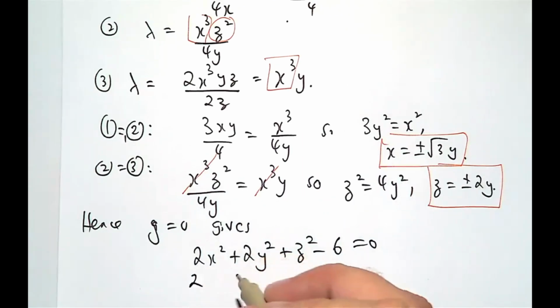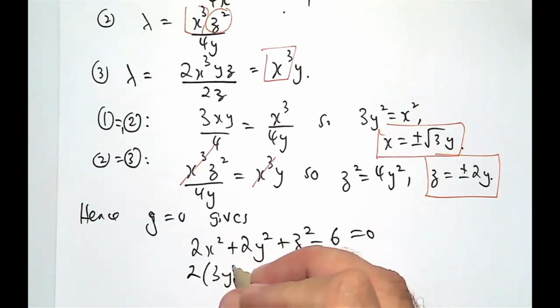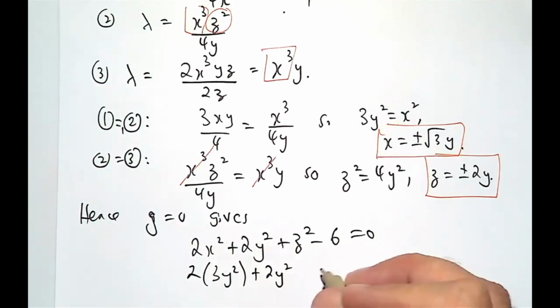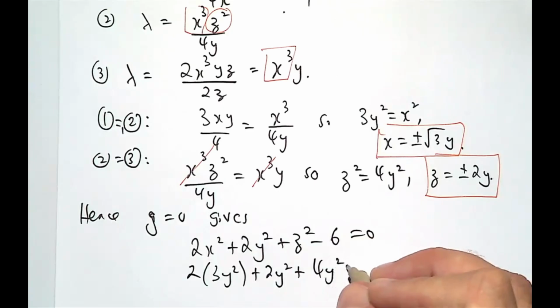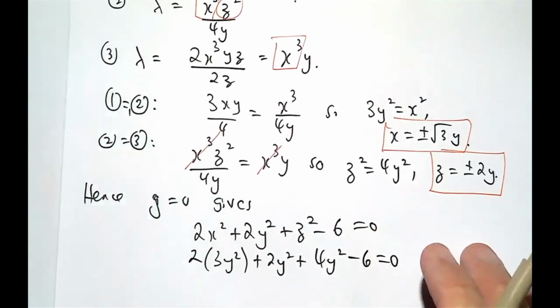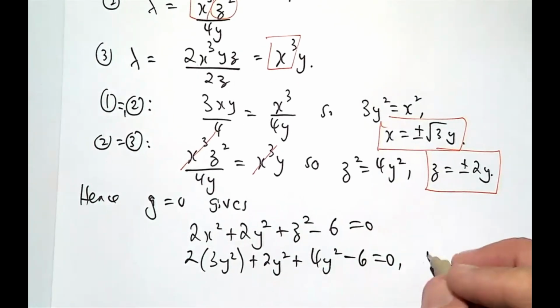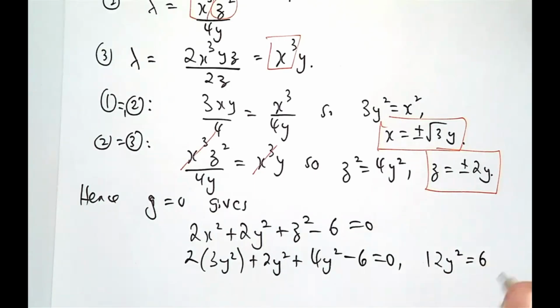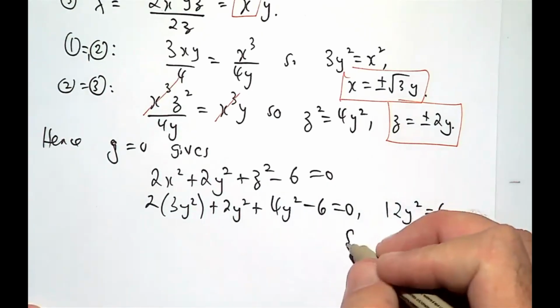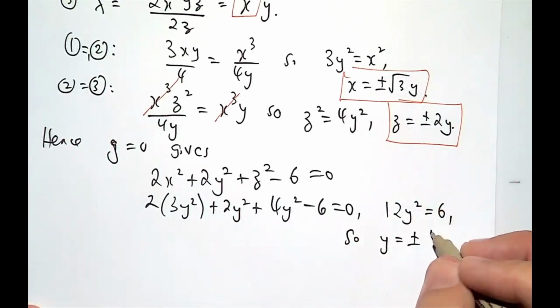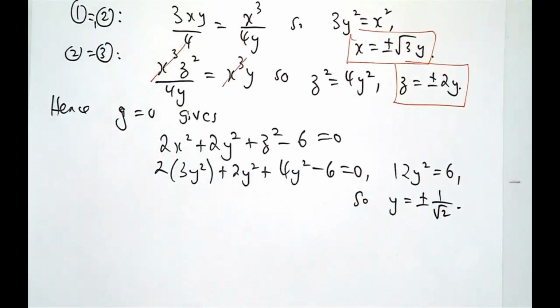Okay, so we're going to get 12y squared equals 6. Holy moly, we've done it. Let's get the values for y from that. So y is going to be plus or minus 1 on root 2. Great.